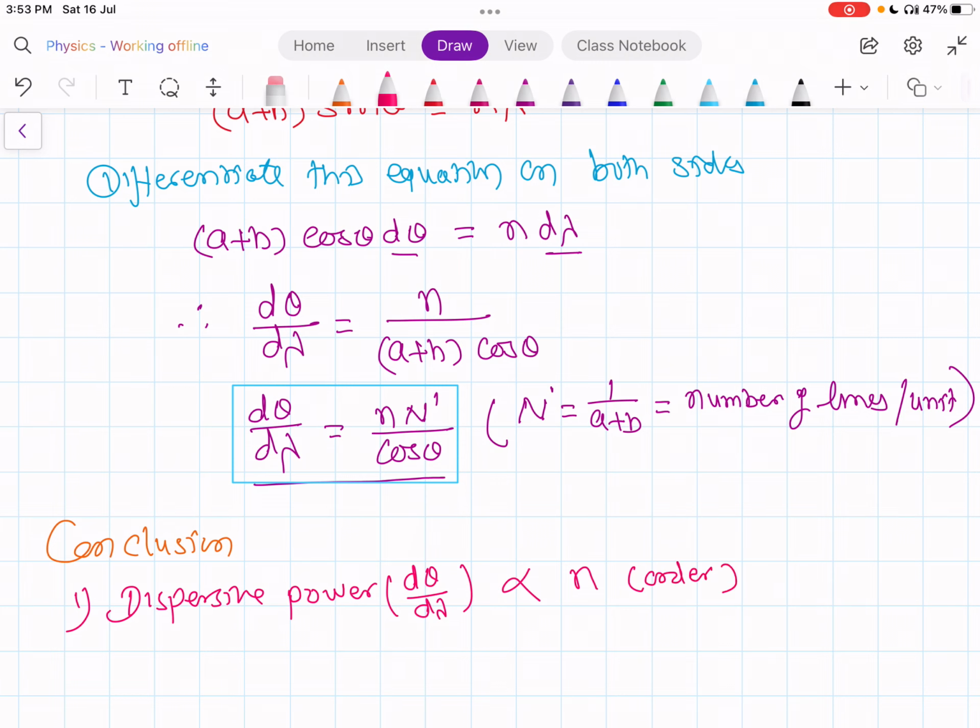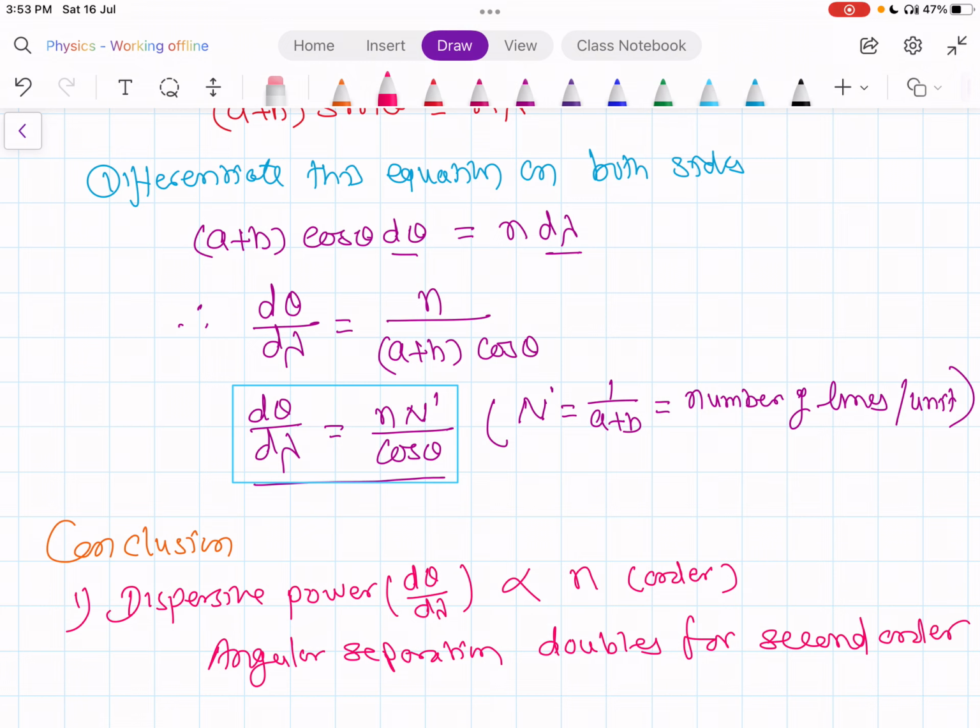This means the angular separation doubles for the second order, and so on. Angular separation between the spectral lines doubles for the second order. That is, dispersive power is directly proportional to the order.